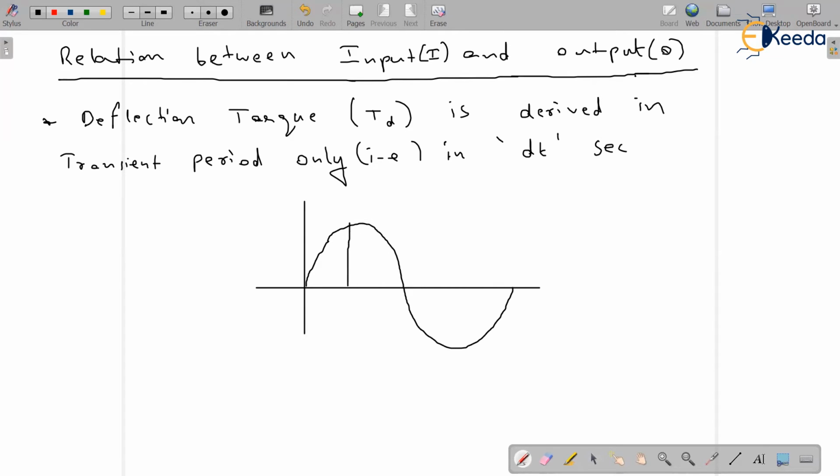So let's take dt seconds with respect to time, I of t.